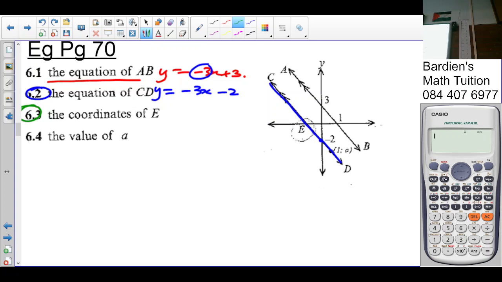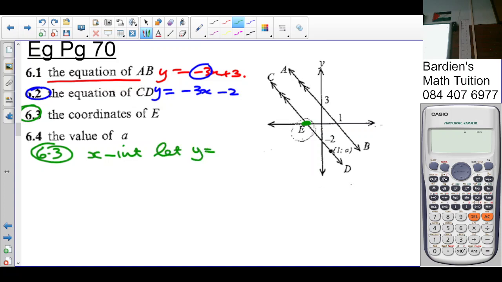Right, the coordinates of E. Remember now, we got the equation of AB, we got the equation of CD. Now they want you to work out the coordinates of E. Where do we find E? In the middle. But what is E to us? Can you see that? E is your x-intercept. So how do we calculate our x-intercept?